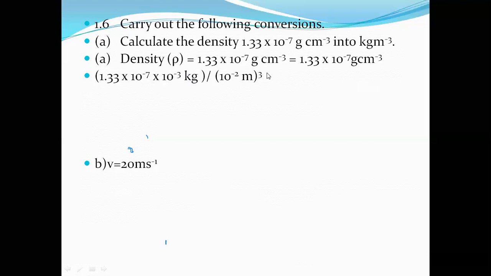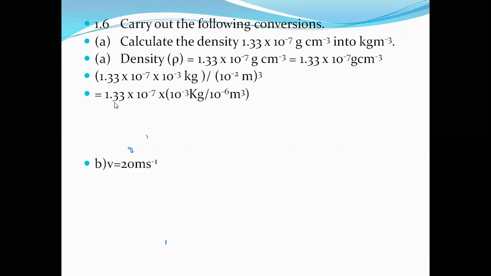Now for the centimeter part, 1 meter is equal to 100 centimeters. So we convert this centimeter into meters. We can write it down as 10 to the power minus 2 meters, and it has the power of 3 because it is given centimeter cube.